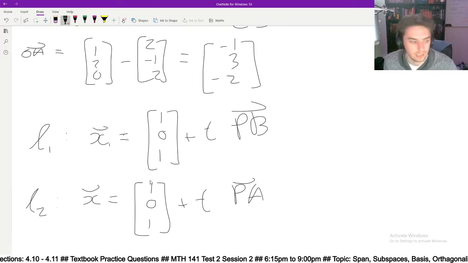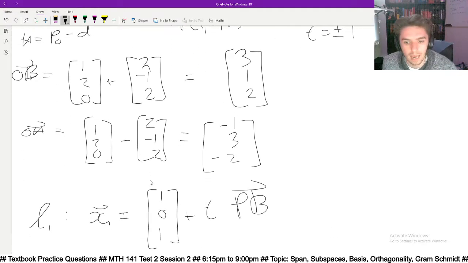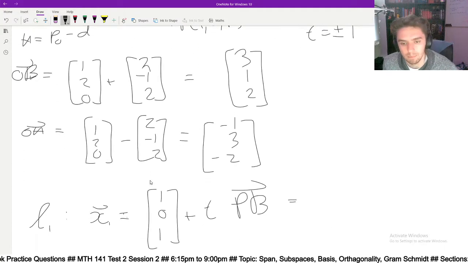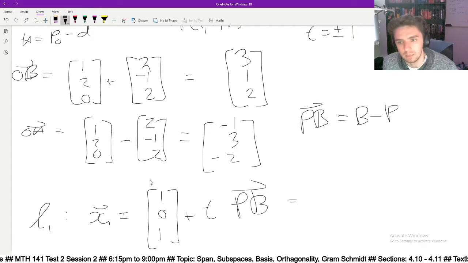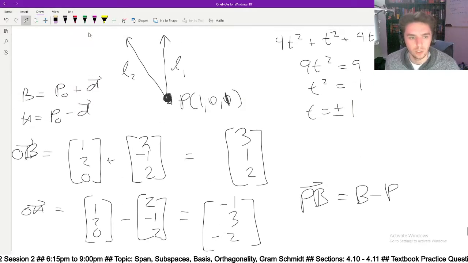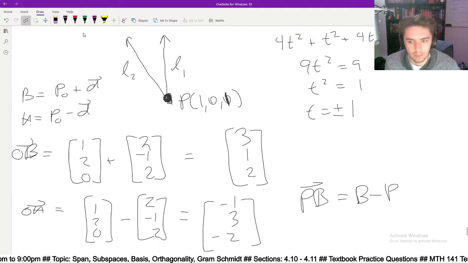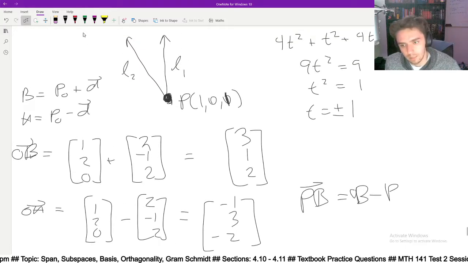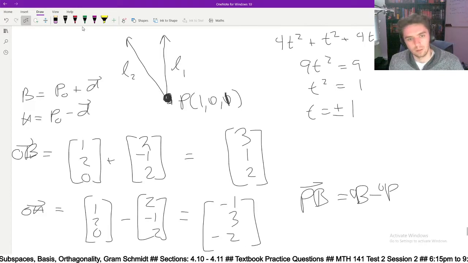So let's actually calculate these things. PB is B minus P. Technically it should be OB minus OP, but it doesn't really matter. P is 1, 0, 1.